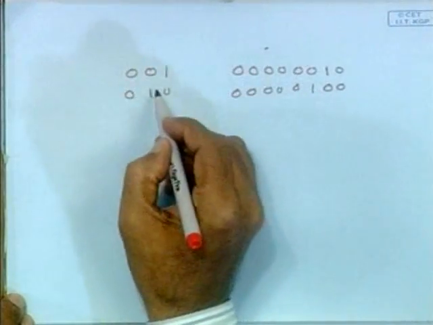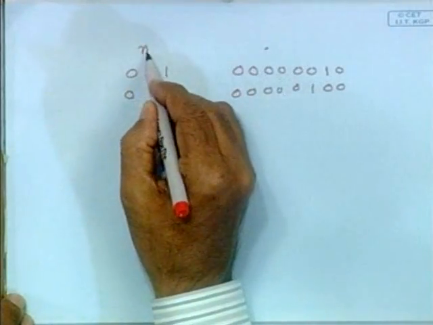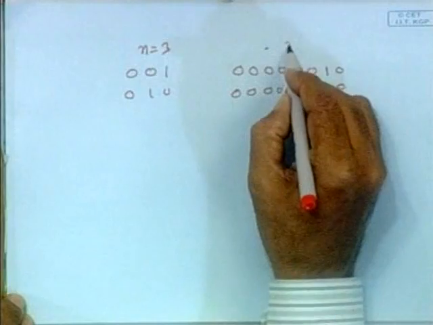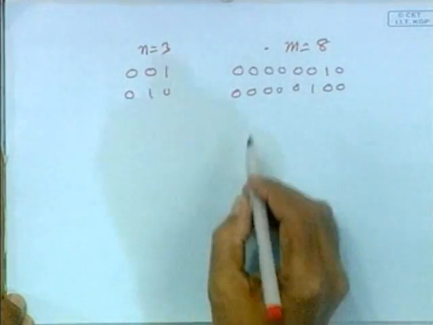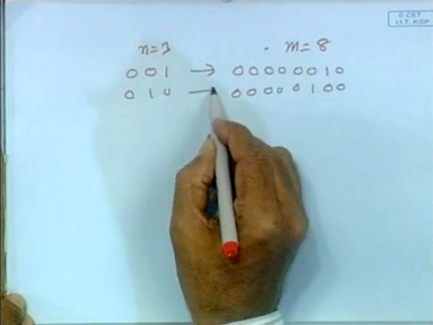Normally 001 is coded as 3 bits, but here it is coded into 8 bits, so N is equal to 3 and M is equal to 2 to the power 3, that is 8.